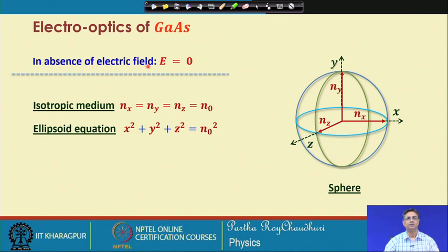In absence of the electric field, E equal to 0, because it is an isotropic medium, n x, n y and n z are all equal and equal to the ordinary refractive index n0, and the ellipsoid equation becomes a sphere given by this.